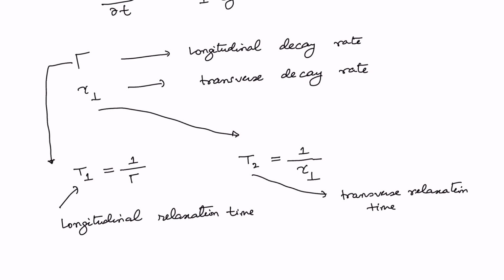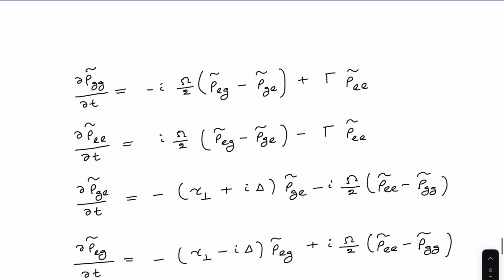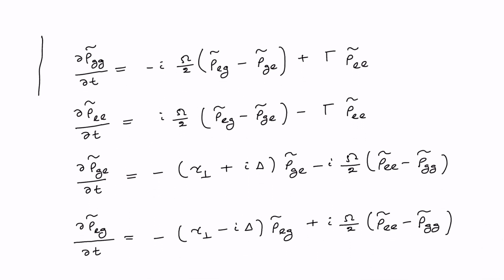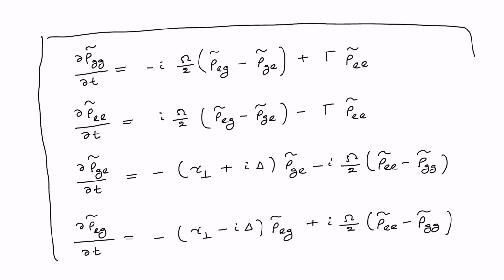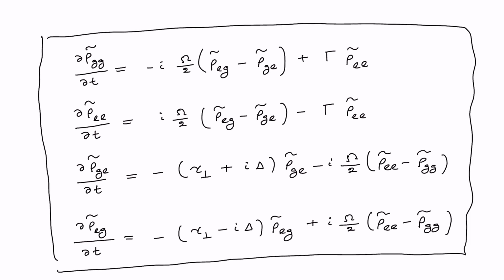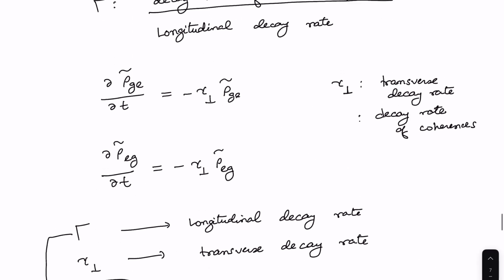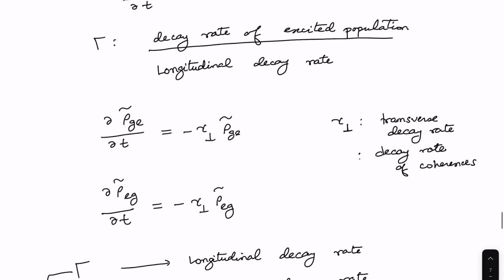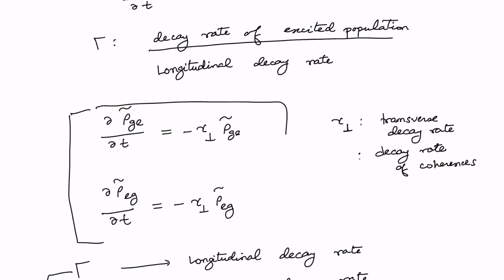Okay, now we can combine these damping terms for populations as well as coherences and write the full evolution equation for the density matrix equations. If we write it just by incorporating these decays, these are the equations that we can write. By the way, let me tell you once again that these decay rate equations I am writing when there is no coupling with the classical light field.